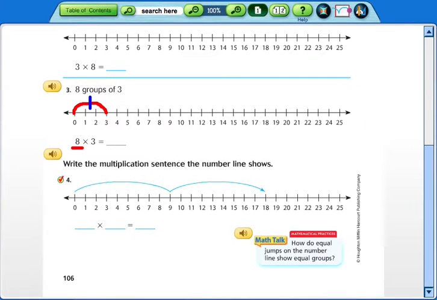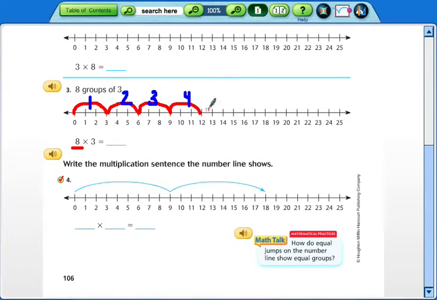Okay? I'm going to count 3 again. 1, 2, 3. There's jump number 2. Ready? 1, 2, 3. Jump number 3. Okay. 1, 2, 3. Jump number 4. I go all the way to 8 jumps.